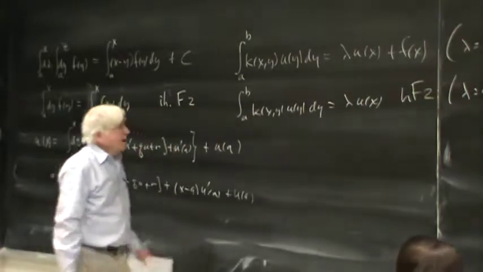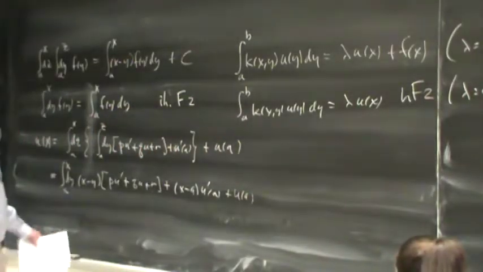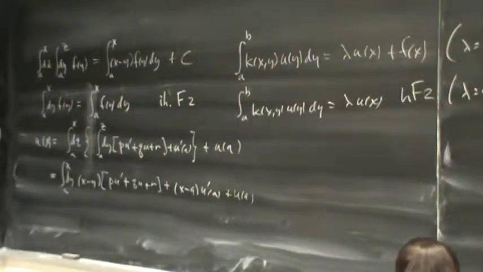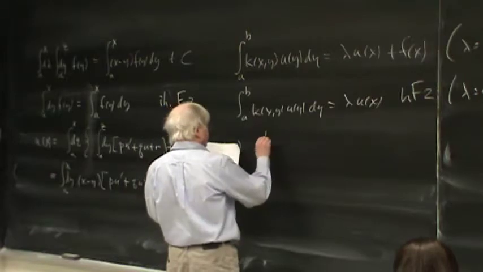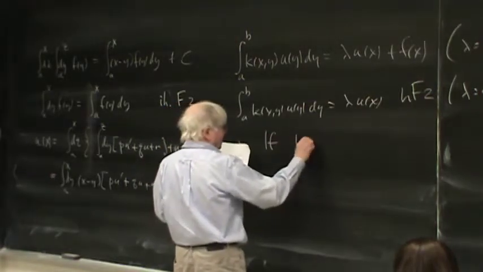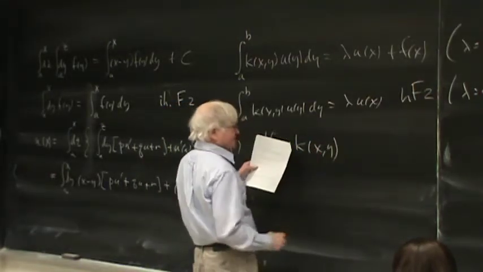Okay. So these are the definitions of the various kinds of integral equations. The Fredholm equations are the general equations. The Volterra equations are just a special case. So Volterra is if k of x and y is causal.